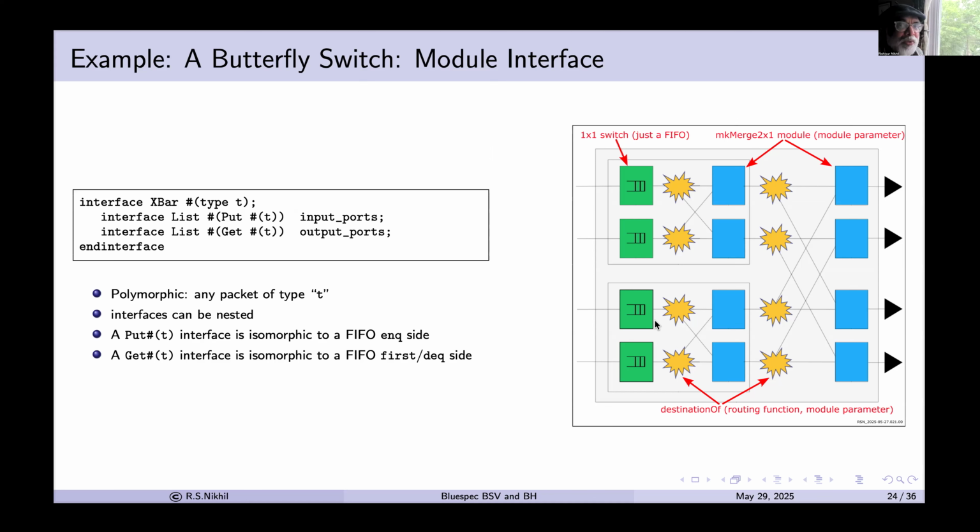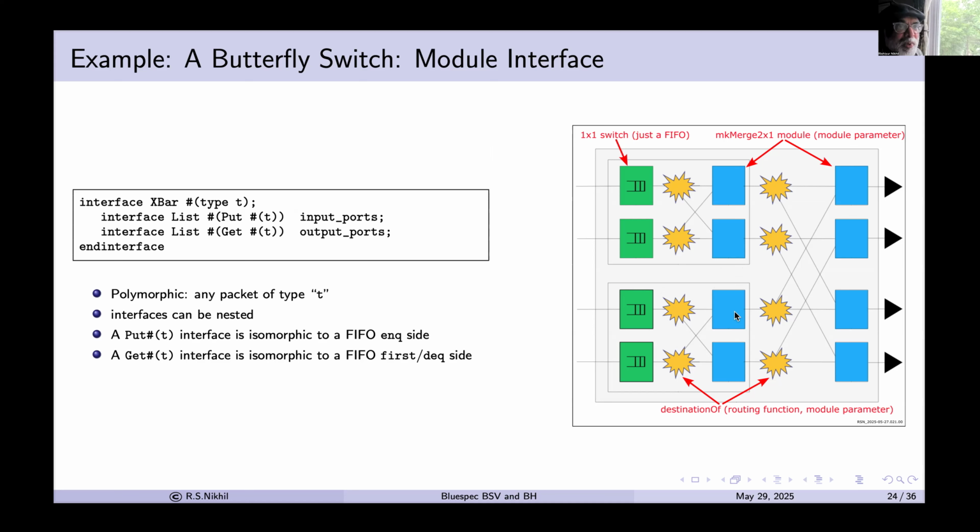When you get down to the base case, which is a 1x1 switch, those are the green boxes here. Think of that just as a FIFO. You have one input, one output. You can think of these yellow things as the routing functions that decide, when a packet comes in here, whether it should go straight or which of its two outputs it should go out on.